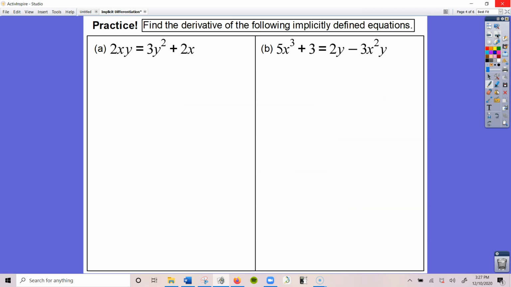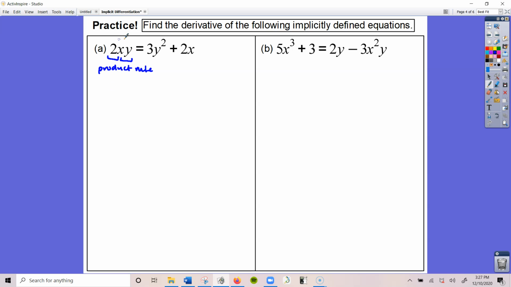We have here 2xy is equal to 3y squared plus 2x. Now x and y, we're going to consider as two separate functions. So here we're going to have to use the product rule. Since they are two different variables and we're finding the derivative with respect to x, we need to remember that this is going to be a product.